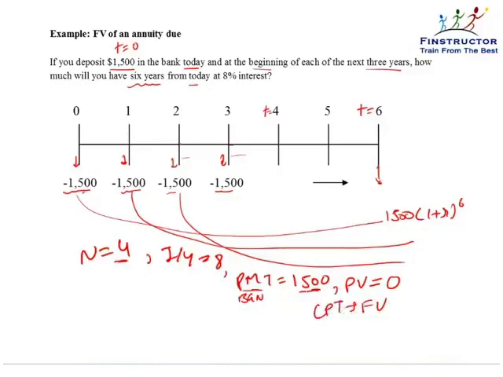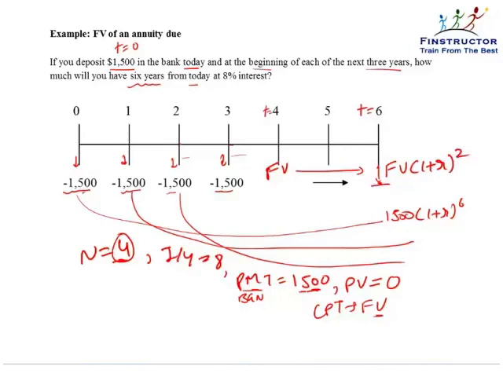Once I compute FV, guys, remember FV is always the value at the end of the last period. That is at the end of t equal to 4. So this is the value that the calculator will compute for me. And to get to the final answer, I will have to compound it 2 periods forward. That is, whatever this FV is times 1 plus r to the power 2 to get to the final answer.